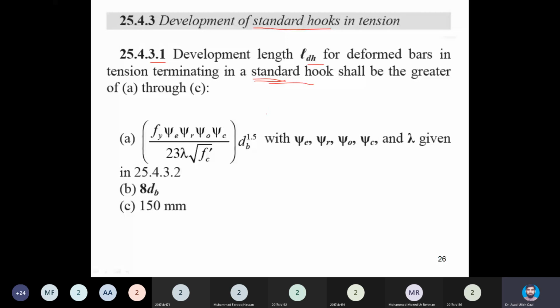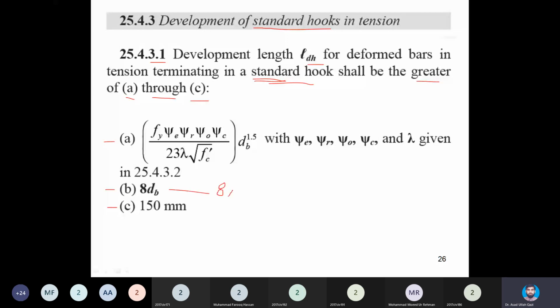You have to actually follow certain guidelines to develop that hook. It shall be greater of A through C. A, B, C. Let me first take B.